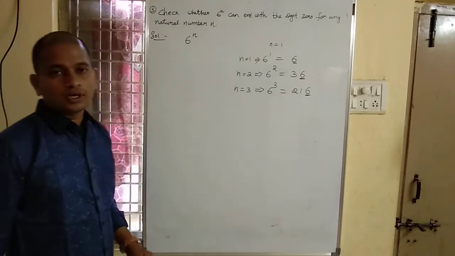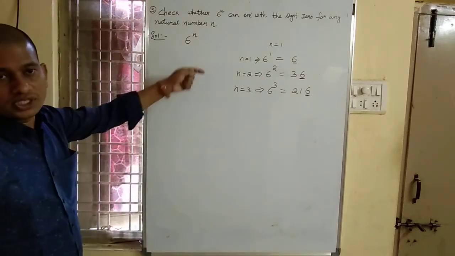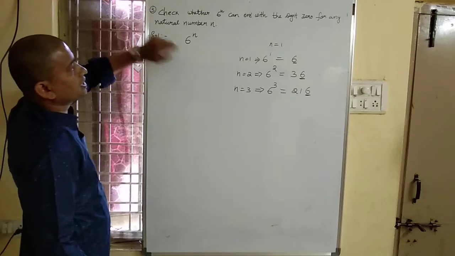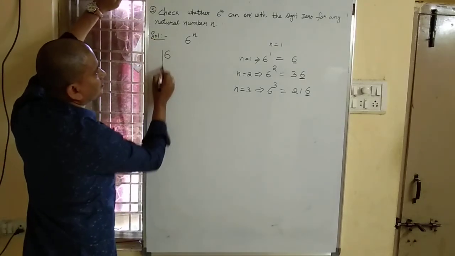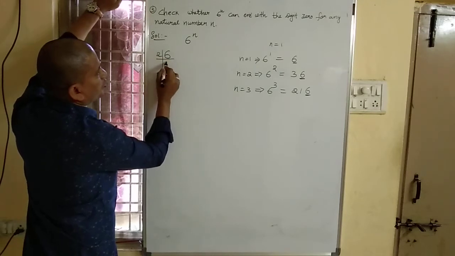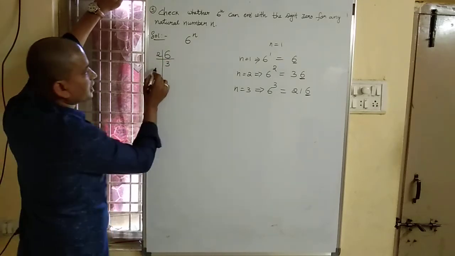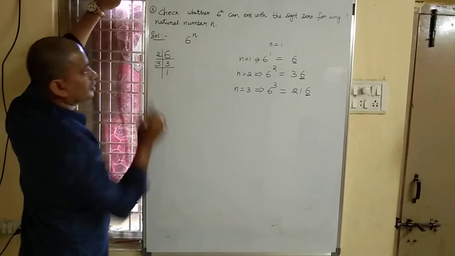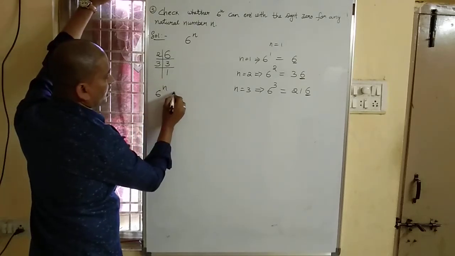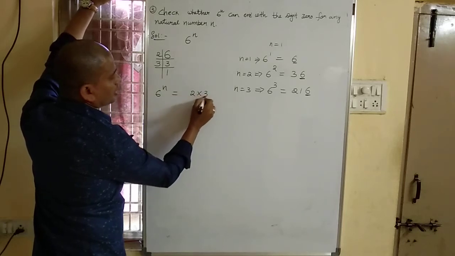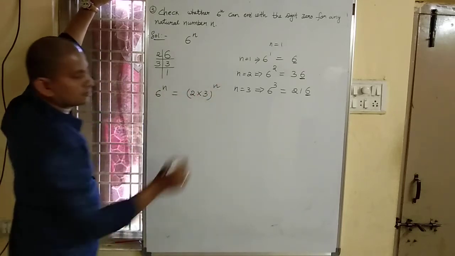But we have to do the procedure. What to do? So given number is 6 power n. So find out prime factors of 6. 2 3s are 6, and 3 1s are 3. So 6 power n I can write as 2 into 3 whole power n.